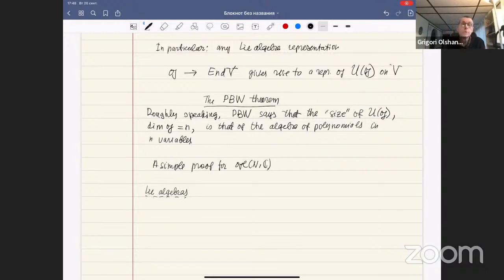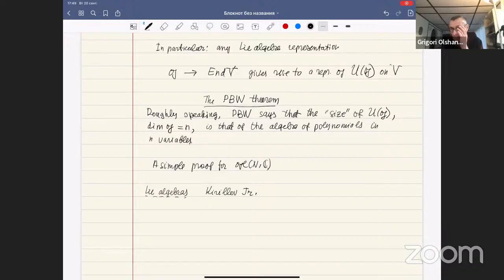Fundamentals of Lie algebras. Okay, what are the books? There is a nice book by Kirillov Jr., Humphreys, if you want, and many books about Lie algebras, many books.